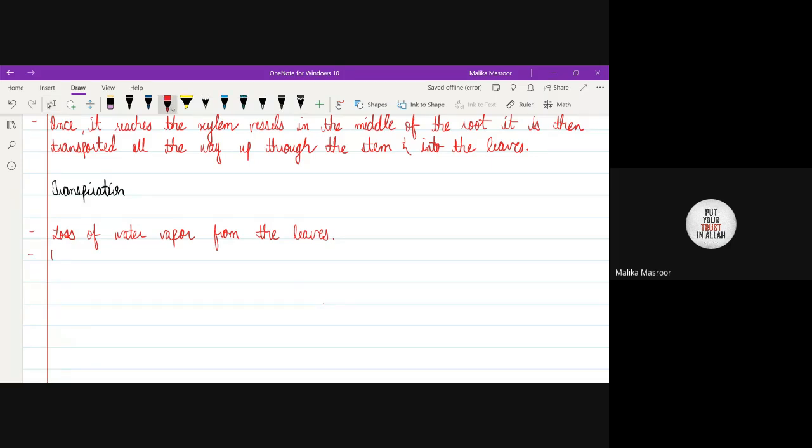So water is constantly being taken from the top of the xylem to supply the cells in the leaf. They are losing water, so they need water as well.